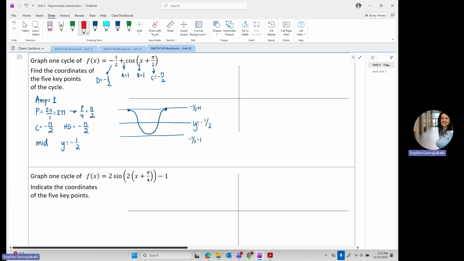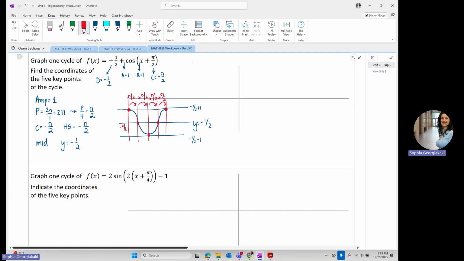And then I have 5 critical points. I start at the horizontal shift of negative pi over 2, and I want to find all the others. Every increment is plus pi halves.